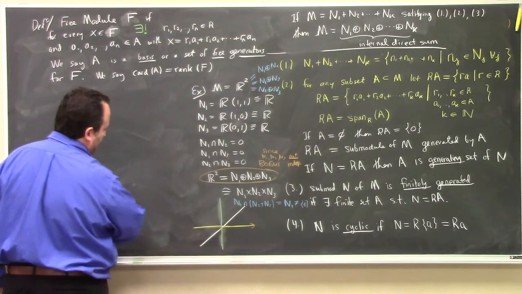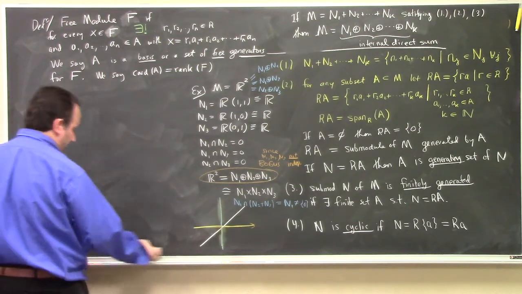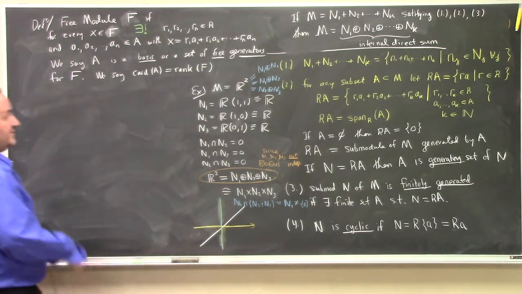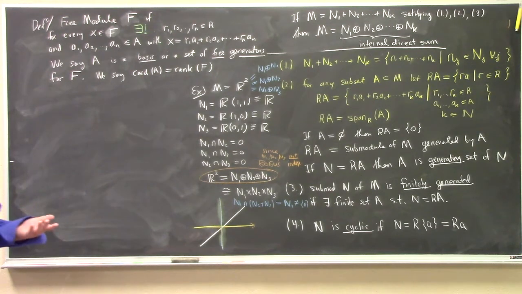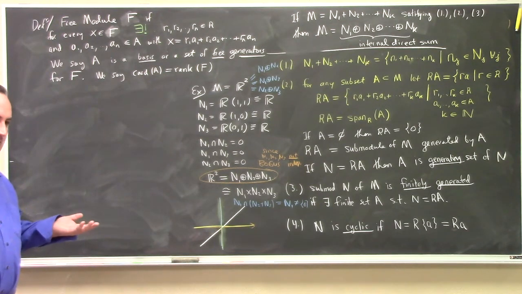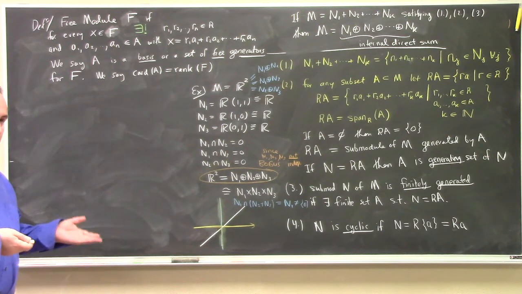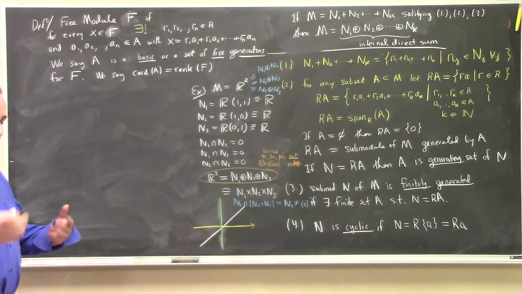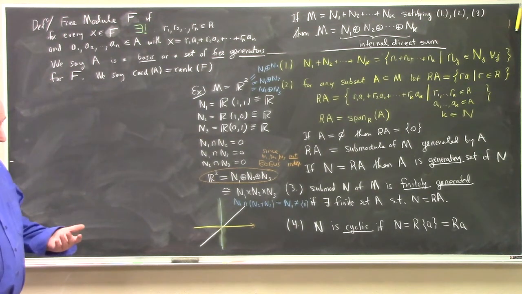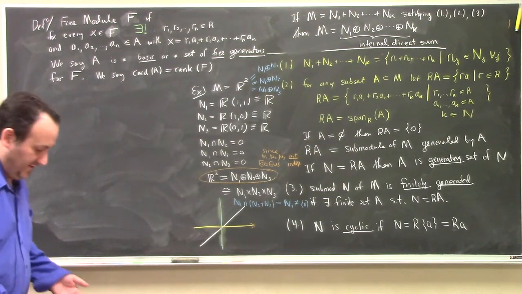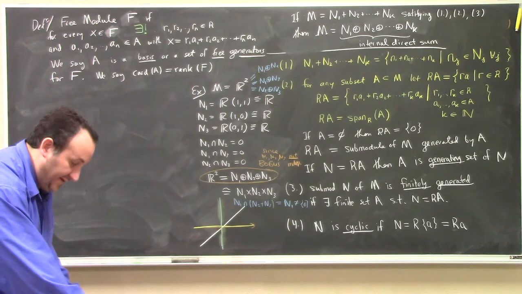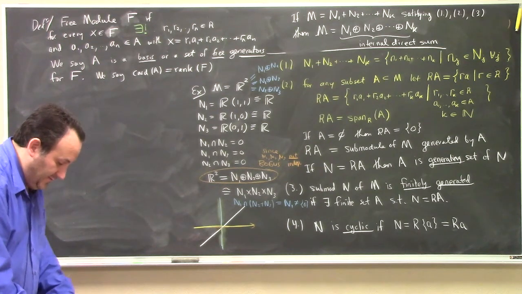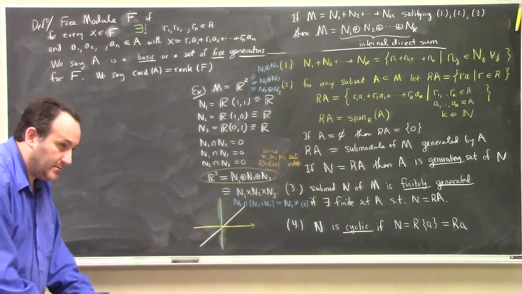Almost everything you can think of from linear algebra is going to be free, because the fundamental thing in linear algebra is any vector space has a basis, right? And more than that, you can take any subset of a vector space and you can either reduce it or increase it to become a basis for the space. So there are incredible results known for vector spaces about bases. How does that break down here?